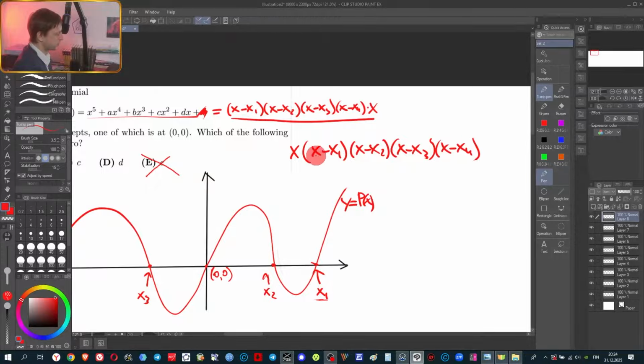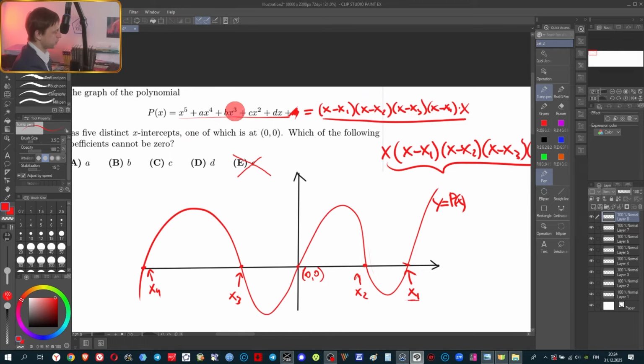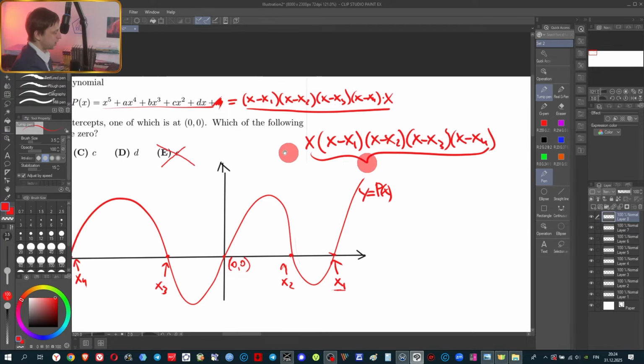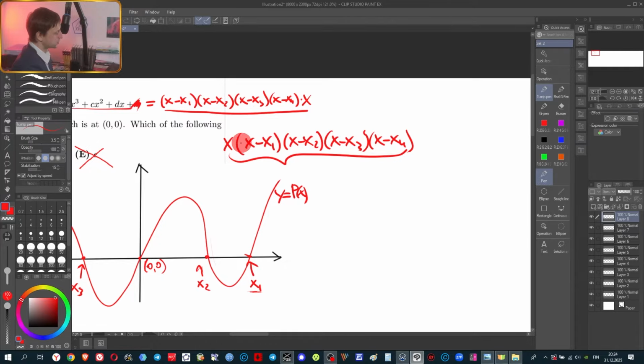x is a variable here, and if I expand this one, if I multiply everything out, I will get this form. So I need to understand, for example, what the coefficient d is. After expansion, d is everything that we will get near x. What coefficient will we have near x?